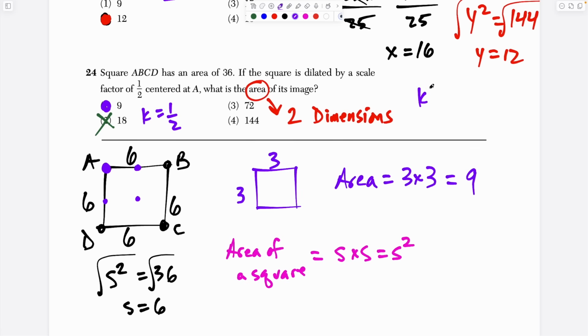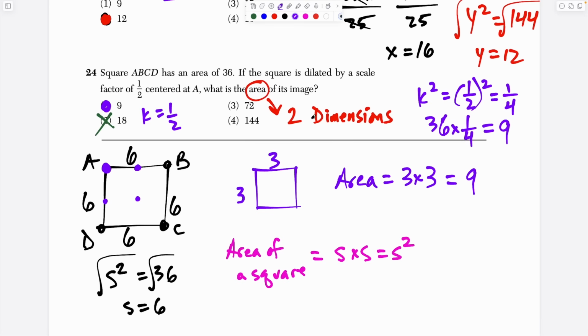Okay, so the scale factor K, if I square it, is equal to 1/2 times 1/2, 1/2 squared, which gives us 1/4. So the fast way would have just been to do 36 times 1/4, which gives us 9 right away. Okay, so if you're finding the dilated image's area, you have to multiply by the scale factor squared. If you're dealing with volume, then you have to take the scale factor to the 3rd power.